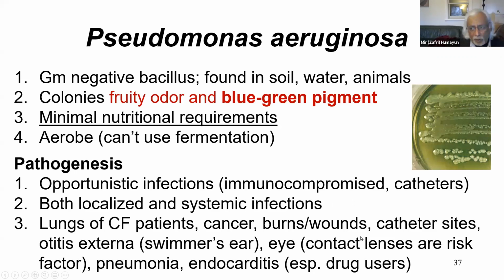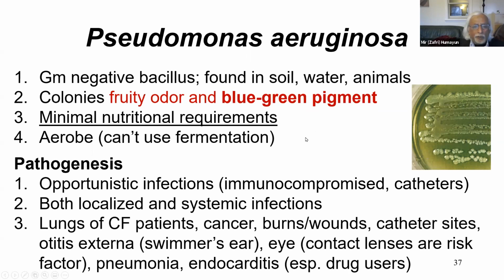It has some quite unique cultural characteristics. Colonies of Pseudomonas aeruginosa have a fruity odor, sometimes described as an apple-like odor, and they form a blue-green pigment on a particular kind of agar called trypticase soy agar. The blue-green pigment is produced by the bacterium.